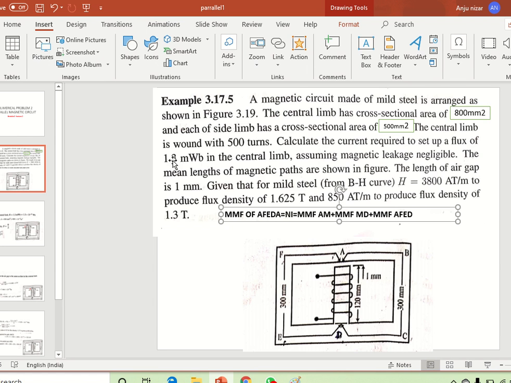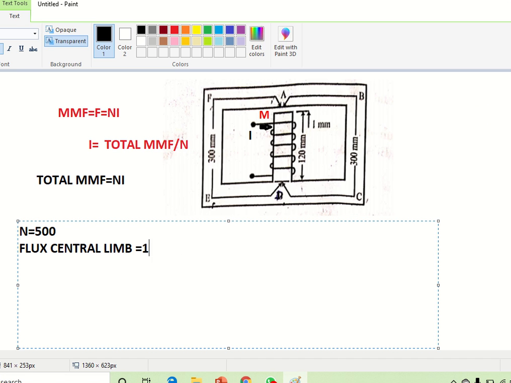Calculate the current required to set up a flux of 1.3 milliweber in the central limb. So flux in the central limb is given as 1.3 milliweber. Next data given, length of the iron path and air gap. Length of both side limbs equal to 300 millimeter. That is 300 into 10 raised to minus 3 meter you have to take.